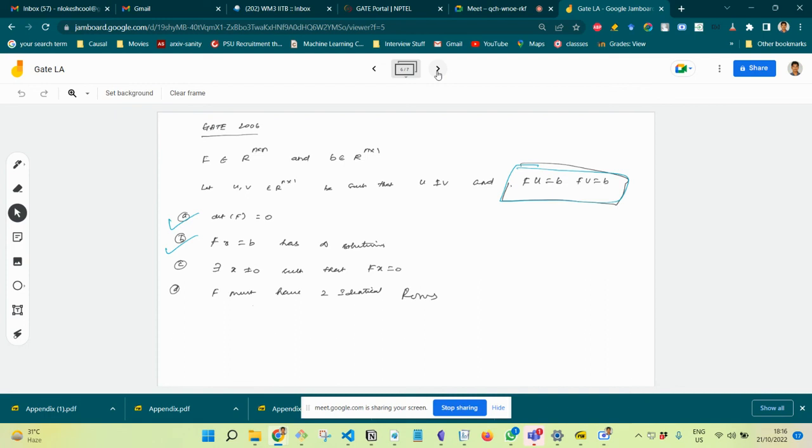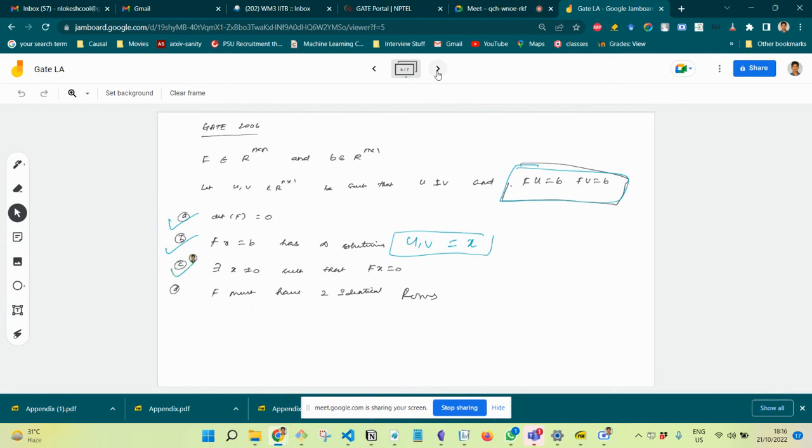Because both u and v are valid substitutes for x. When you substitute u and v, basically Fx equal to b is satisfied, and because a matrix has two solutions, it should have infinitely many solutions, right?